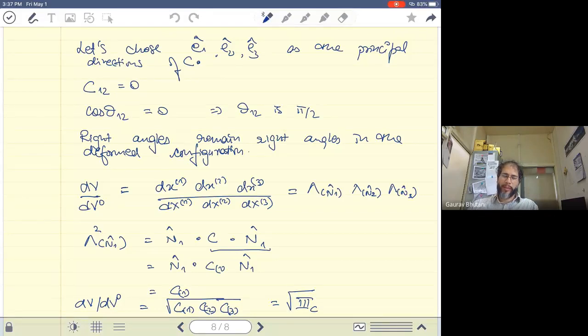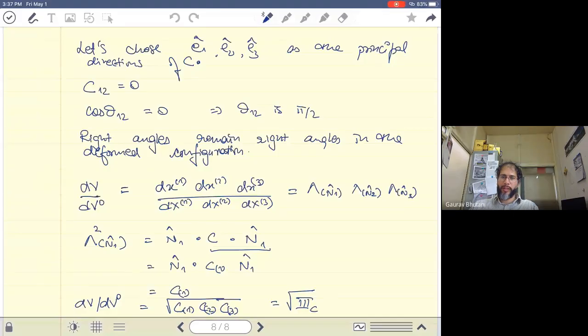And remember that the third invariant of C is nothing but the determinant of C. You may not want to find the eigenvalues because finding eigenvalues is not a straightforward process. It's computationally expensive. So what we can do is simply find the determinant of C, that is the third invariant of C, and that gives us the dilatation in this case.